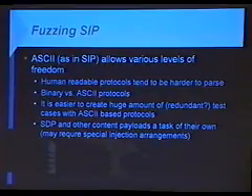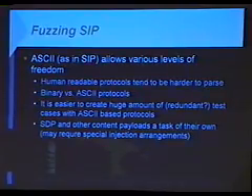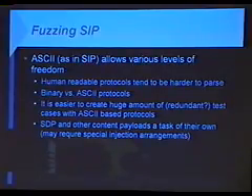What ASCII, as in SIP, brings to the table, in my opinion, is that it allows various levels of freedom compared to the binary protocol. I don't particularly like ASCII-based protocols. I would always choose a binary-based protocol, but I'm open to discussion about this after the presentation.